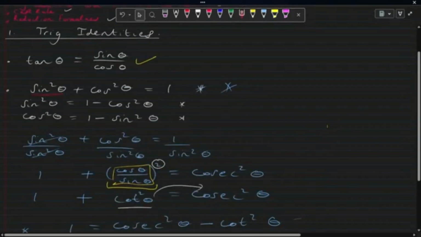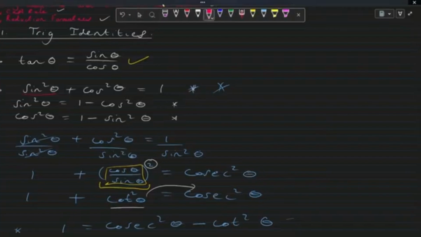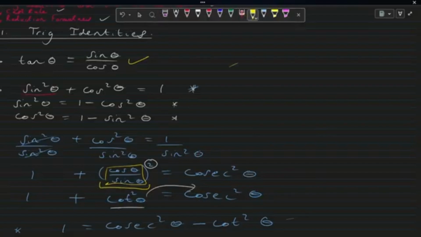So let's just write all our findings. So we have established that number 1, tan theta is equal to sine theta over cos theta, okay?